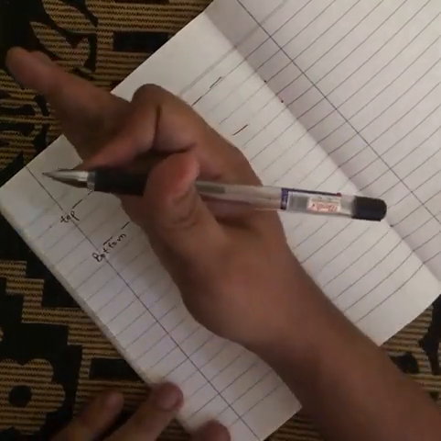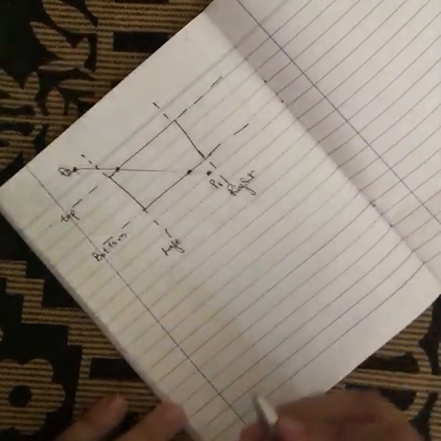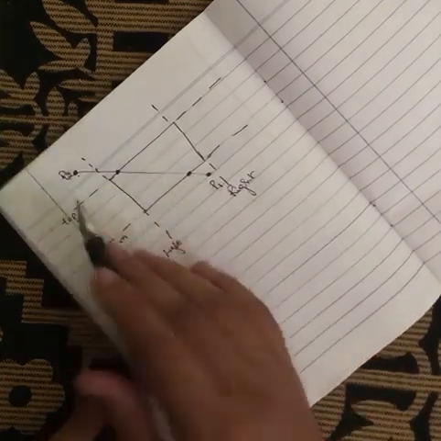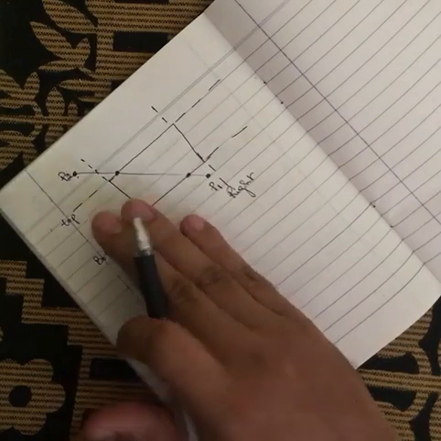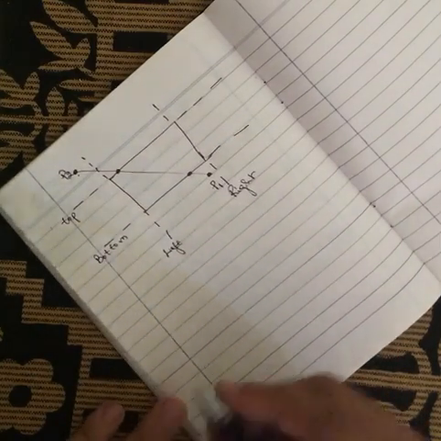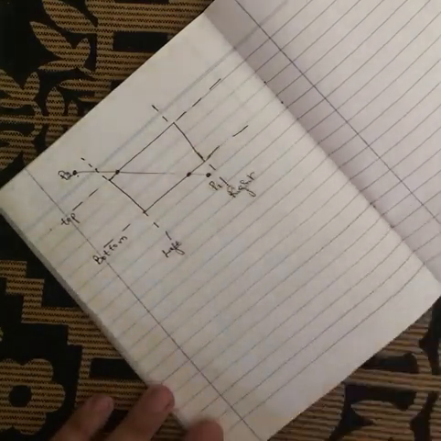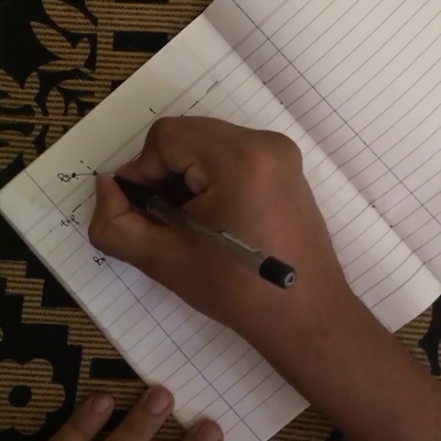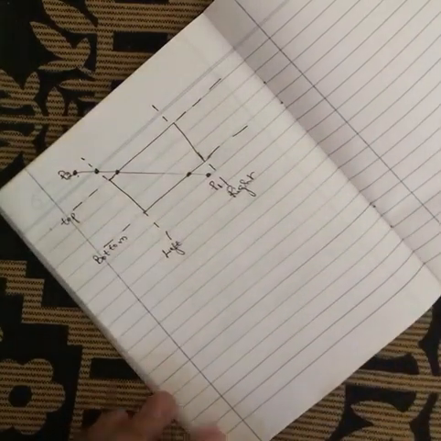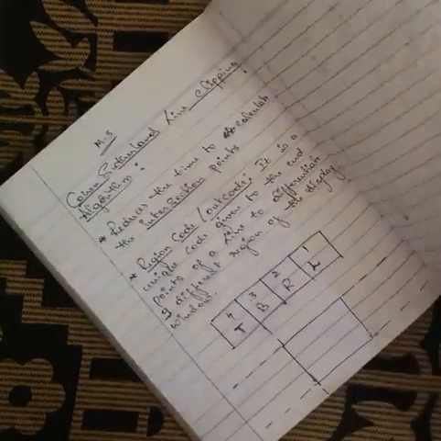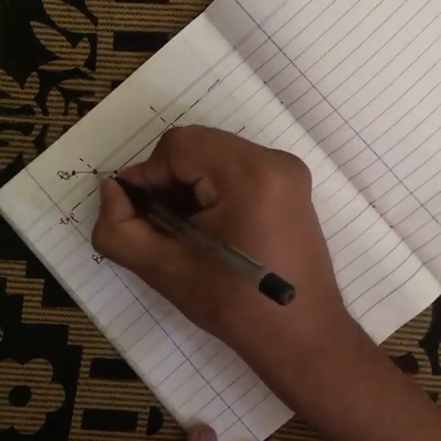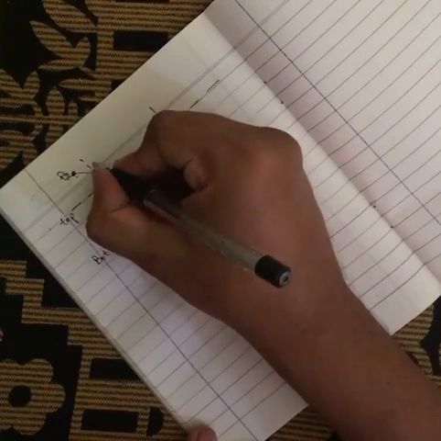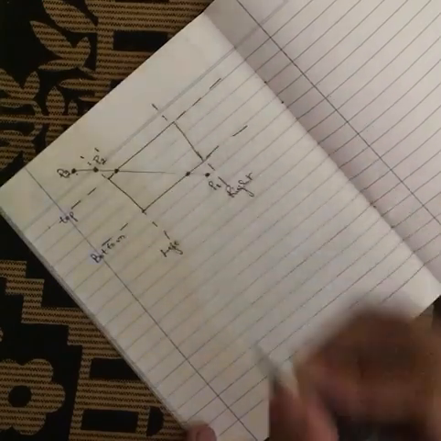Now I have to take the part of the line. When you say P1 and P2, some part of the line is on one side of the left, some part of the line is on the other side of the left. So first we have to find the intersection point here. First we have to go from the left. Left is the first, so on the left we get the first intersection point, which we name P2 dash.